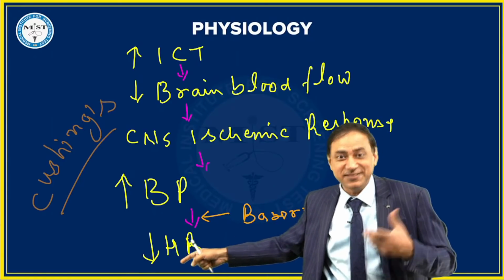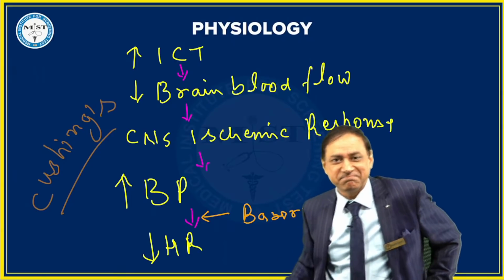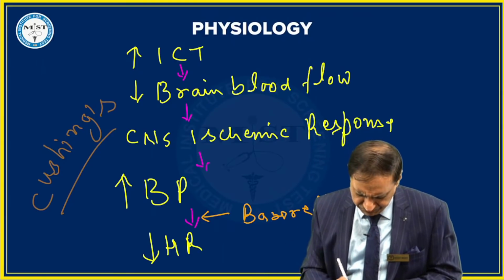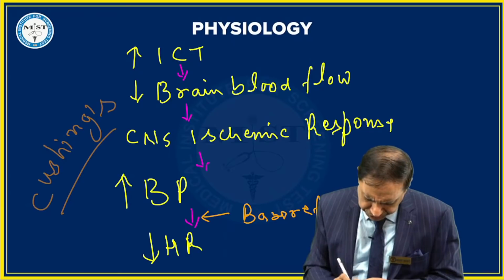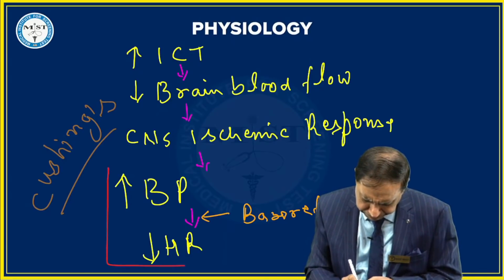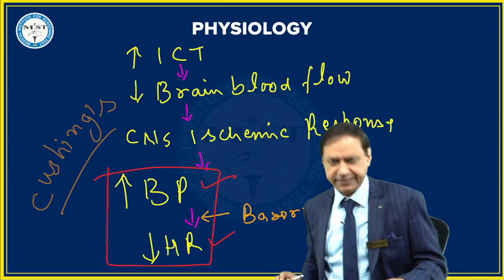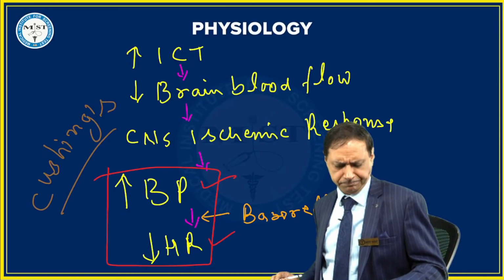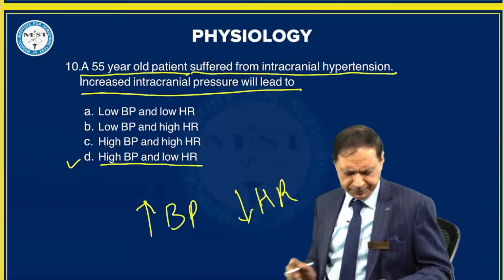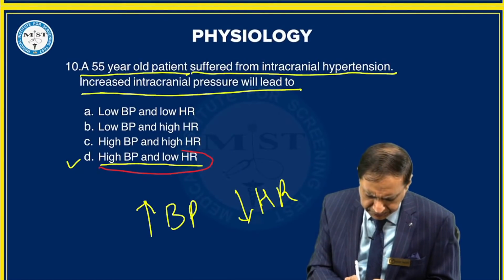This is Cushing's. So this is what my question is. High BP and low heart rate.